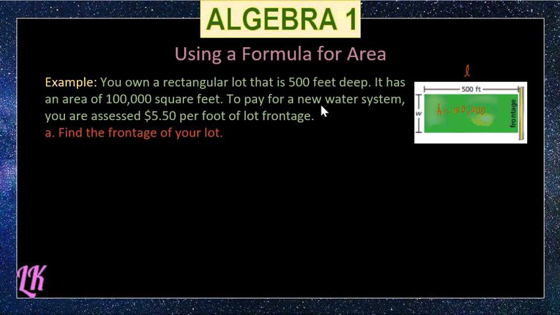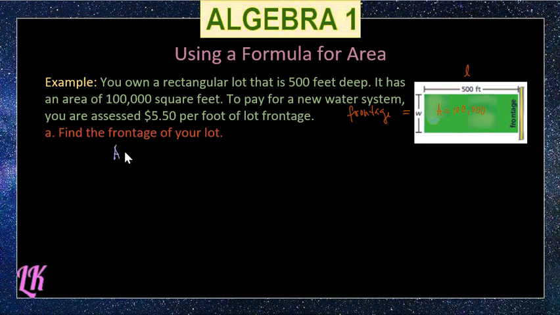To pay for a new water system, you are assessed $5.50 per foot of the lot frontage. In this given figure, the frontage is actually the width of the figure.